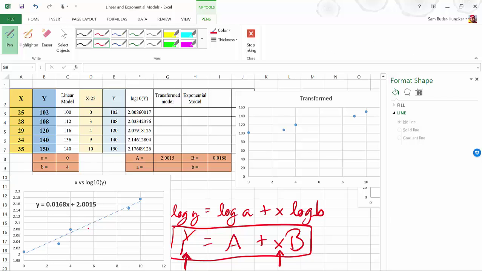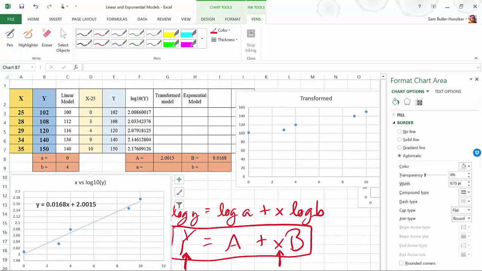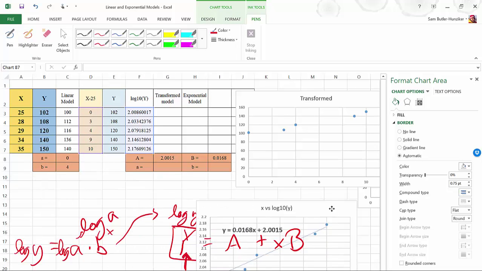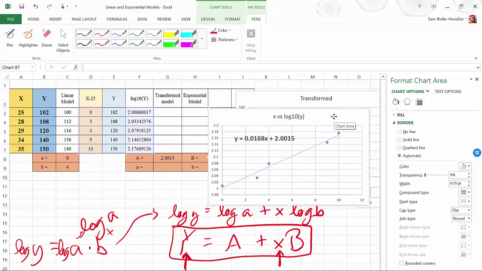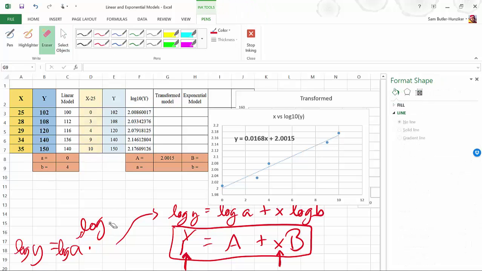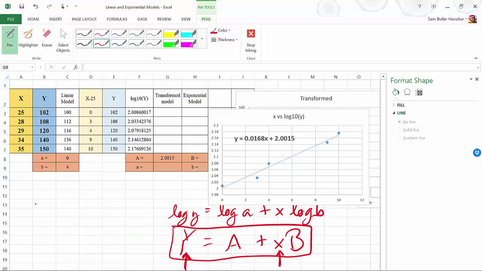So we've got log of little a is equal to big A, but big A is equal to 2.0015.